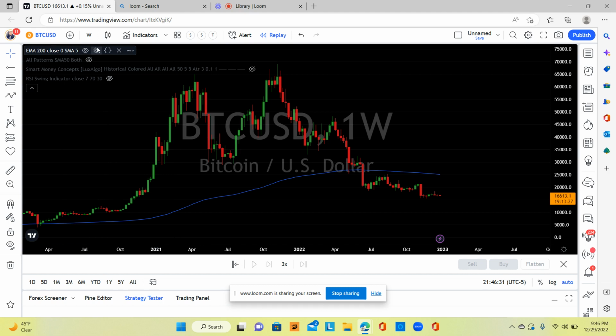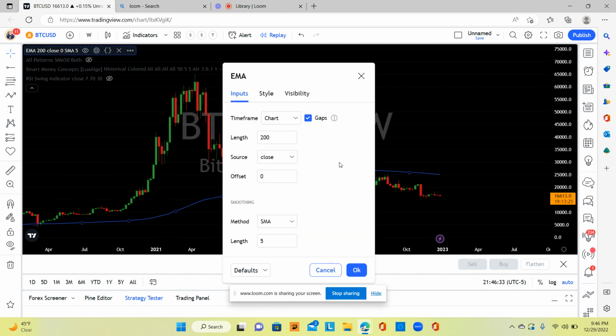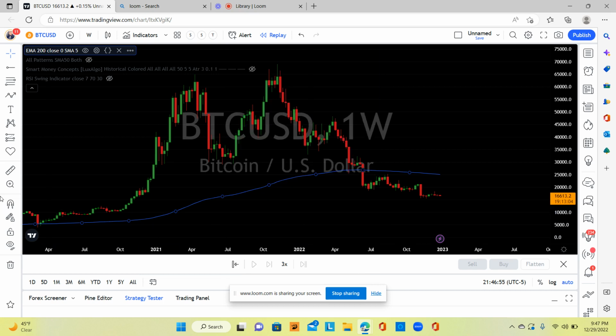In this particular situation, I use the 200 EMA. Sometimes I even use the 50, the 15, or the 100, depending upon if I'm on a strategy or not. But if I'm just analyzing, I use the EMA 200. 200 days of price movement is what that does. I need that on deck. Mandatory, I have it. That's a bonus one. Really, you should already have that one on there.